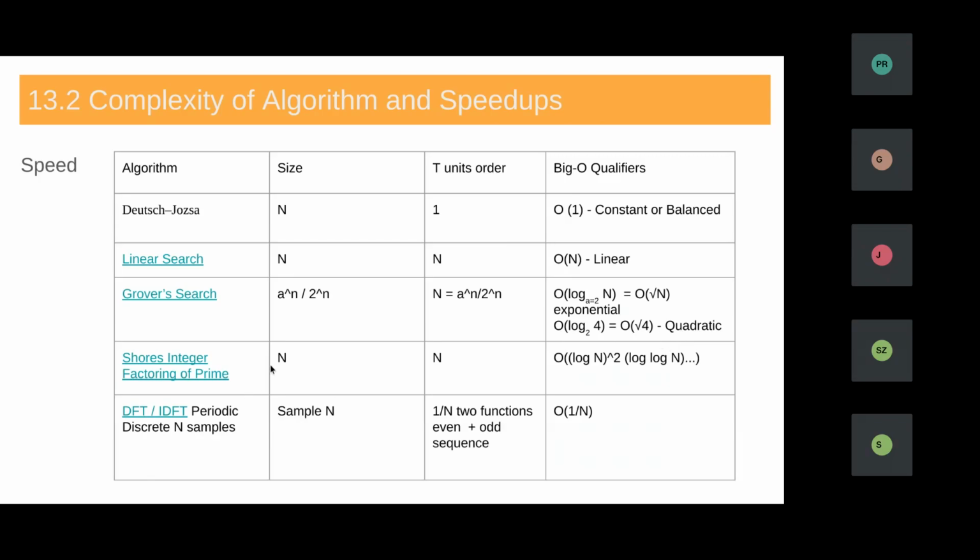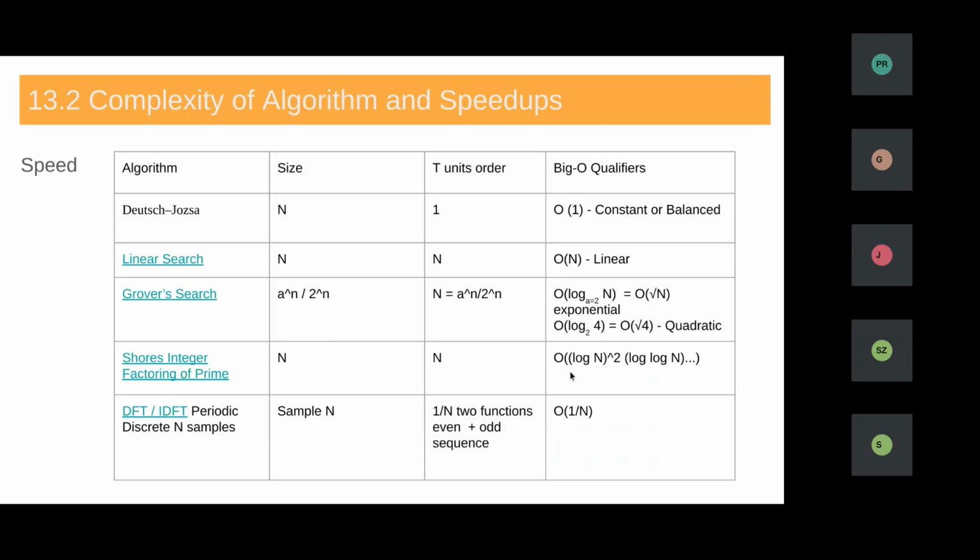There are other algorithms like Shor's, which deals with the integer factoring of primes. If you take an integer, first of all, can it be factored, and if it can be factored, does it result in a prime? So that's of the order of log n. When we say log, we always refer to base 10. If you say ln, then it is log to the base e, or sometimes you say log 2.